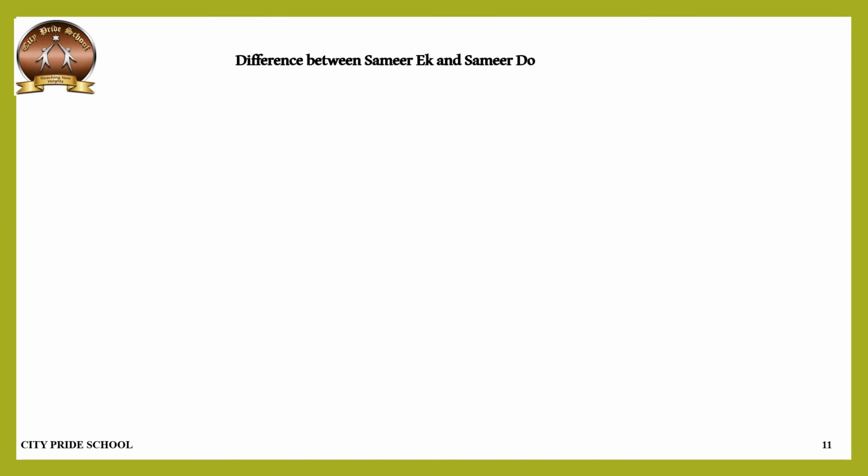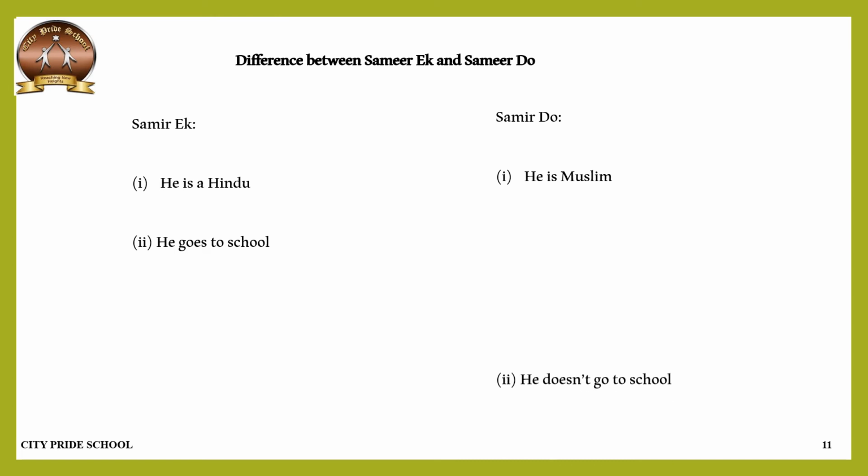Now let us discuss the difference that we saw in the story between Samir Ek and Samir Do. Yes, I know you will say Samir Ek goes to school and Samir Do doesn't go to school. Let us see the differences. Here Samir Ek is Hindu, Samir Do is Muslim. Samir Ek goes to school, Samir Do doesn't go to school.